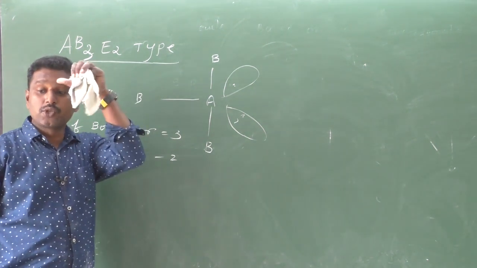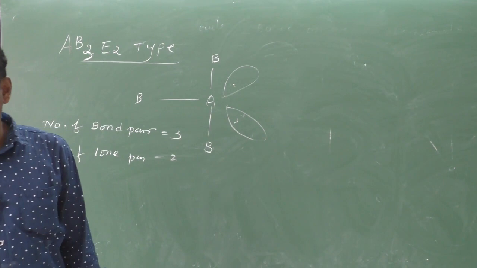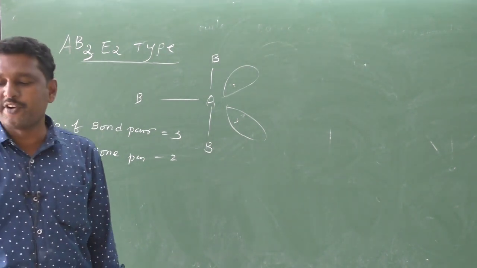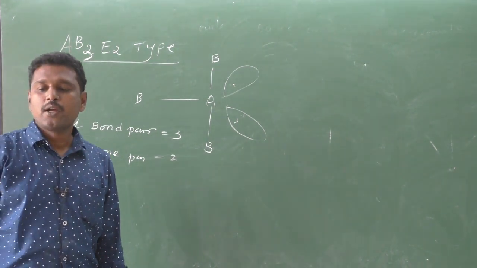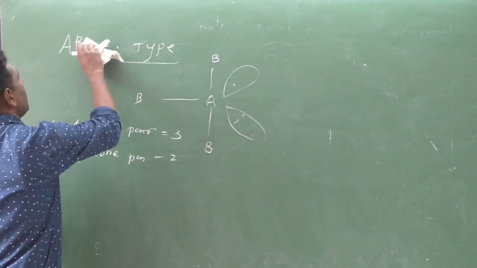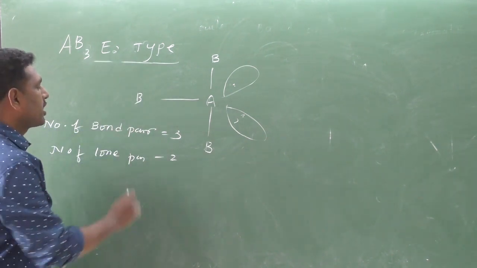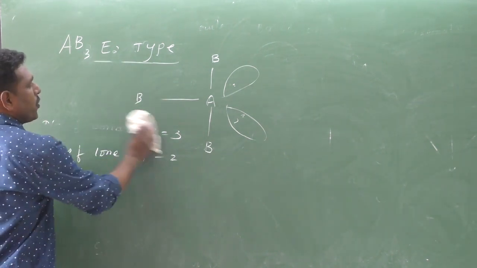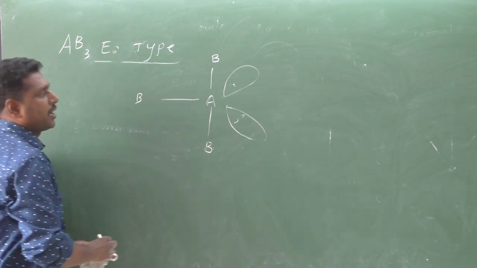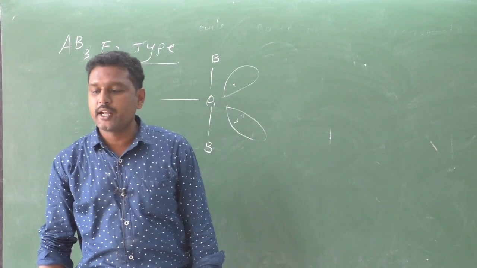ClF3 is an example for this T shape. Here there are 3 bond pairs and 2 lone pairs when you observe ClF3.